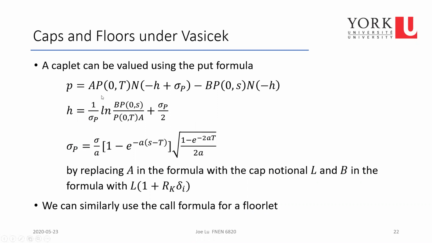And so we can utilize that. We'll have to replace A in the formula with the cap notional, and B, we then have to replace that with this maturity value of the zero coupon bond. Okay, so then we use this put formula, we can price any caplet.